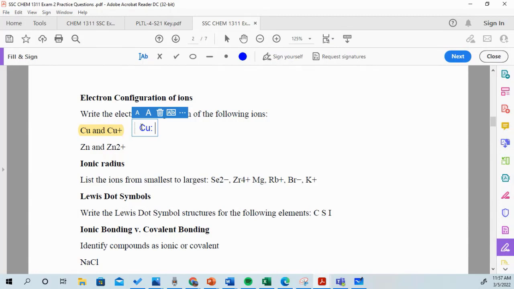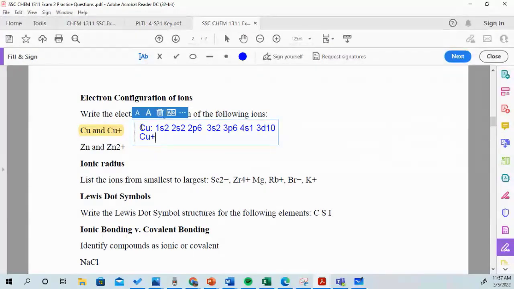So how is Cu+ going to differ? Perfect. So you're going to be removing an electron from the 4s orbital. You guys have it correct.